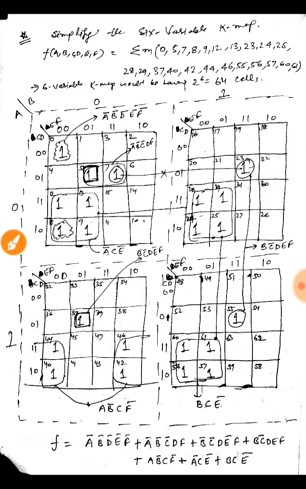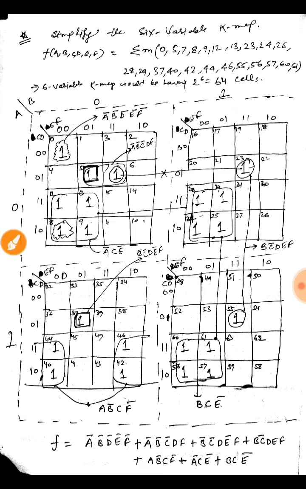So if I need to number any cell, let's say this one, for this one A is 1, B is also 1. Now we have 4 variables over there, so C and D are 0 0, and E, F are also 0 0.